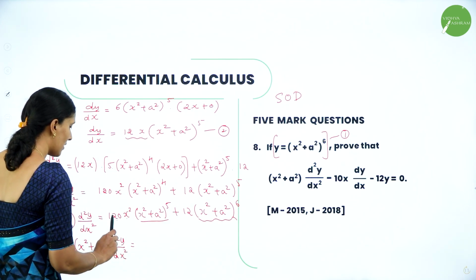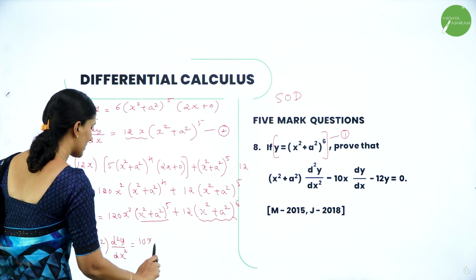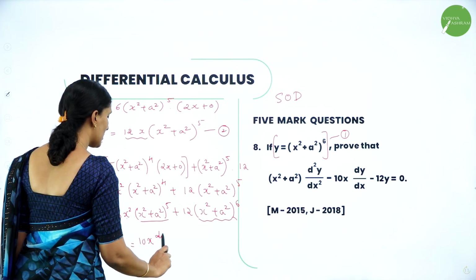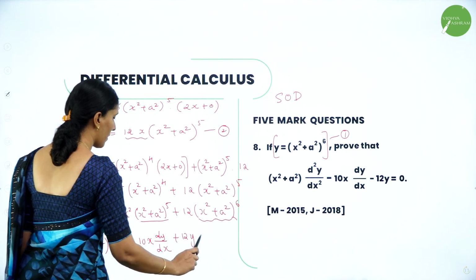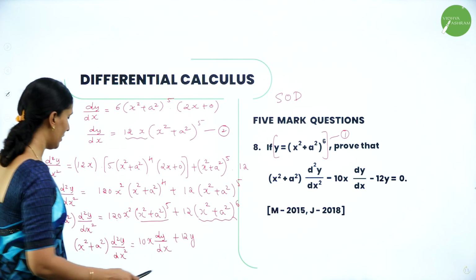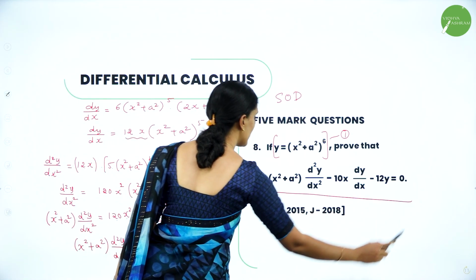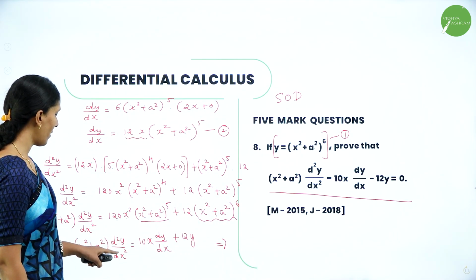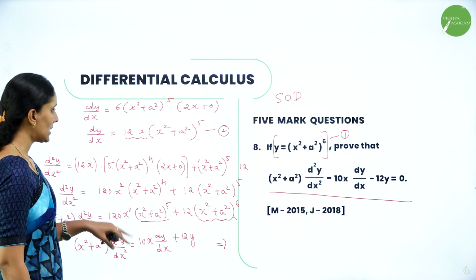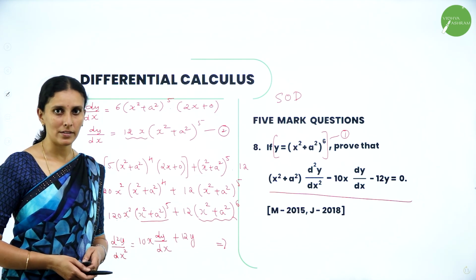Let us take 12 and x, then we are left with 10x into dy by dx plus 12y. Now shifting everything to the left hand side, we get the same statement, that is x square plus a square d square y by dx square minus 10x dy by dx minus 12y is equal to 0.